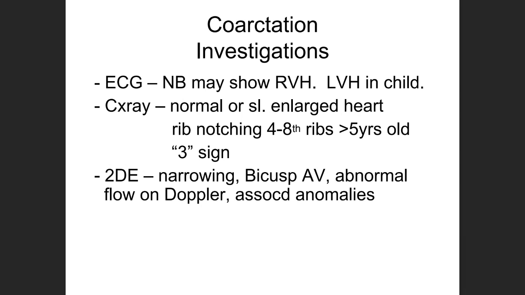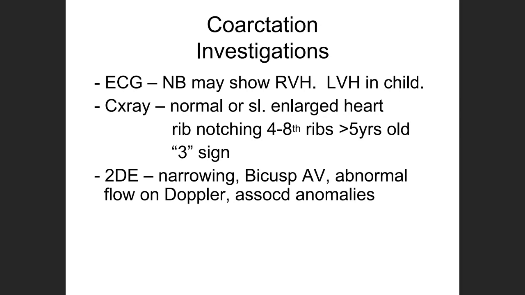The investigations when you suspect coarctation will include ECG, and if you remember, the dominant ventricle shortly after birth is the right ventricle. So in the newborn period, the ECG may show right ventricular hypertrophy.